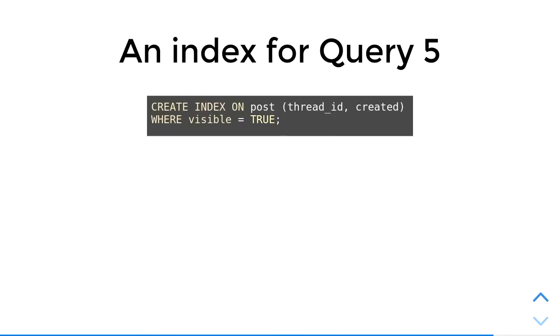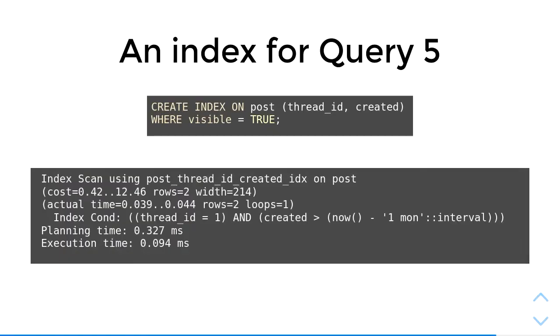But maybe we can make an index specifically for this, because we're querying across created, we're interested in that in the index as well. Now our query plan becomes almost trivial. So our index condition is on thread ID and created being larger than this value. So we can do an index condition and an index scan and get our results.